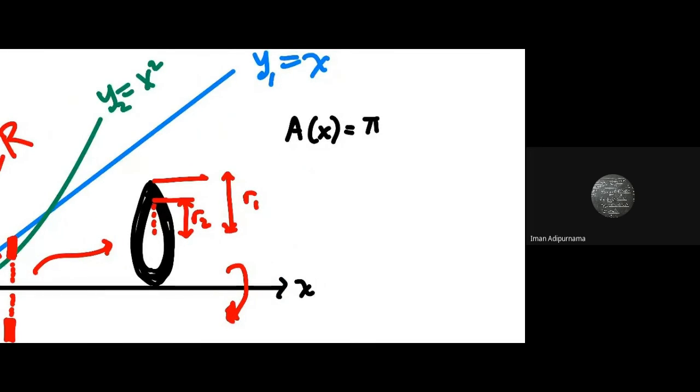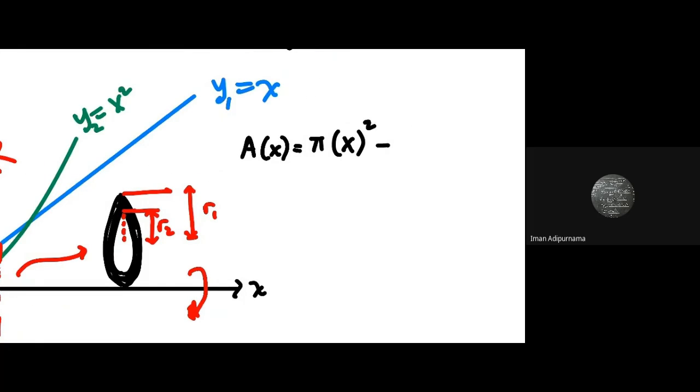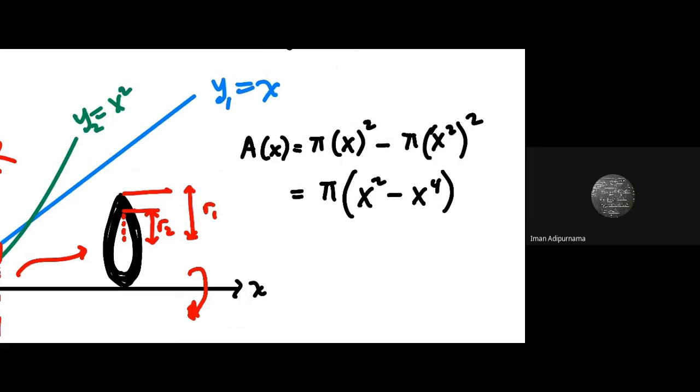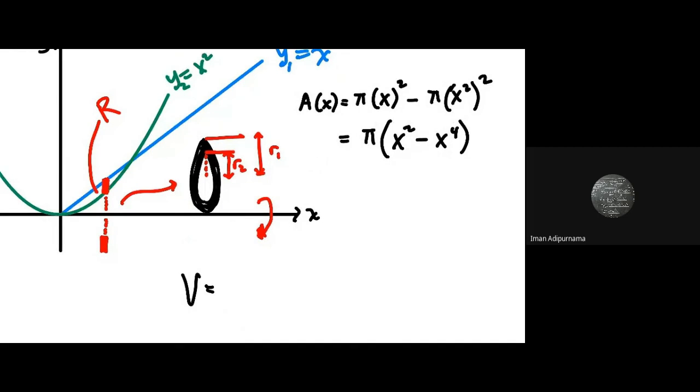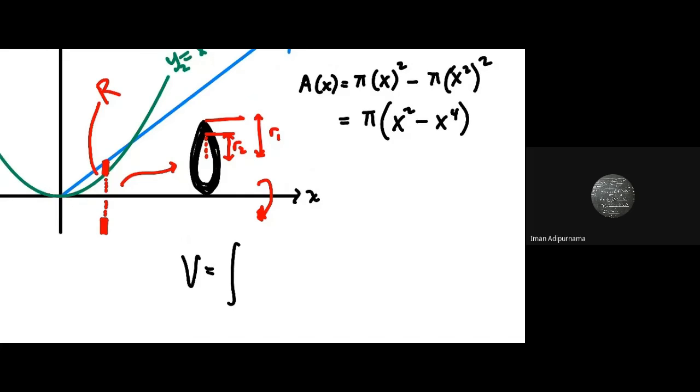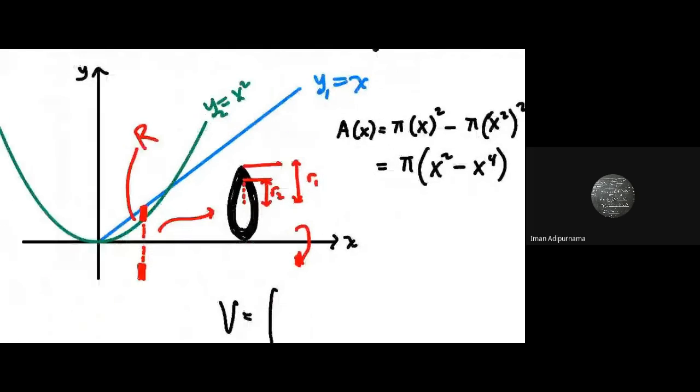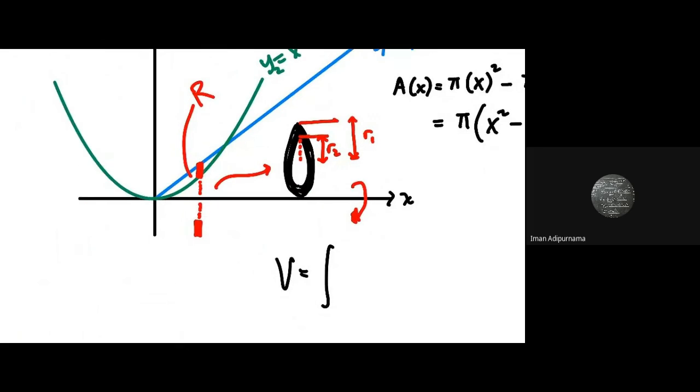So the area will be pi x squared minus pi x squared squared, or we can write directly pi times x squared minus x to the fourth. Now we can write the integration.